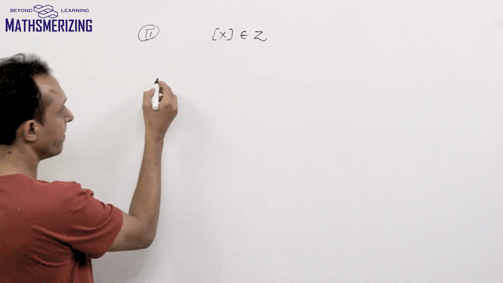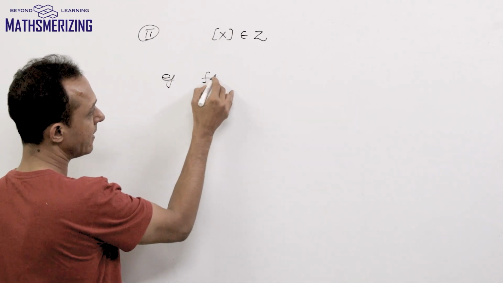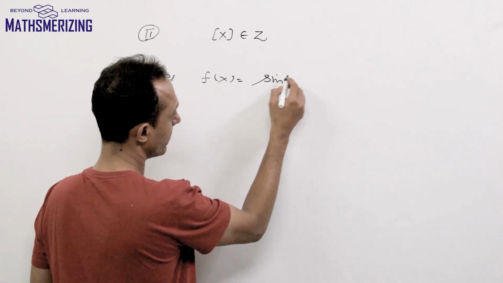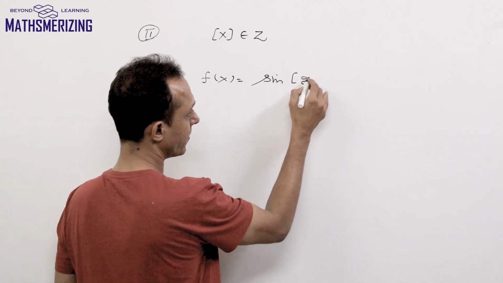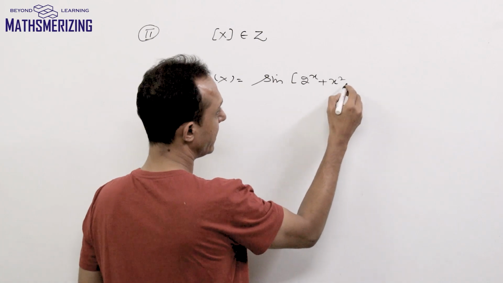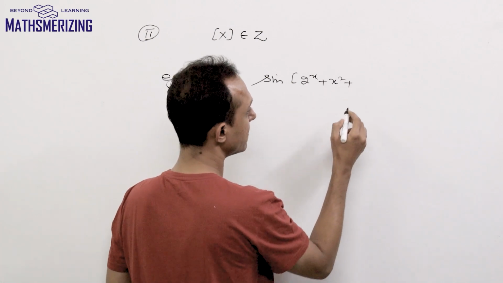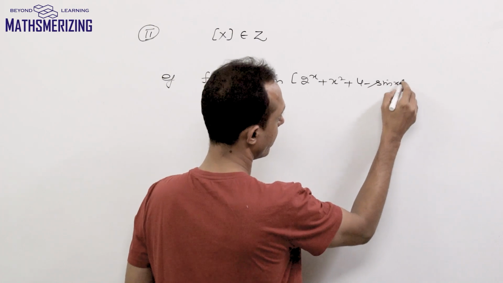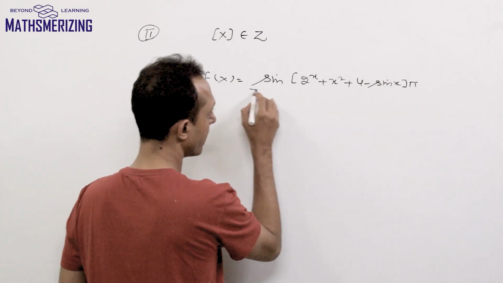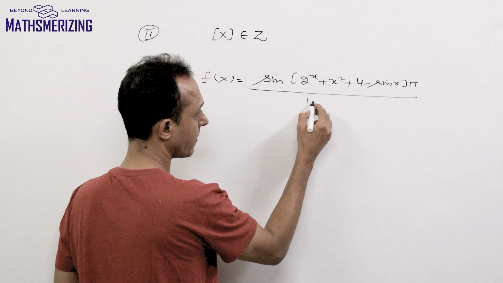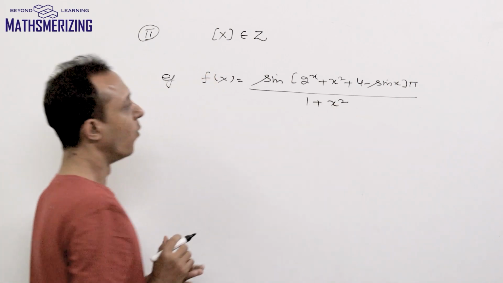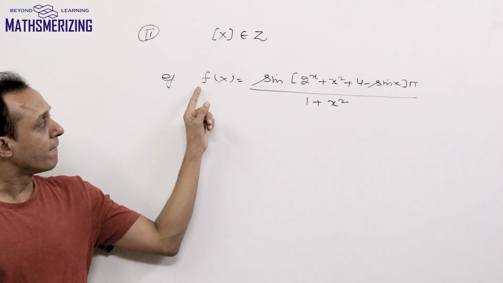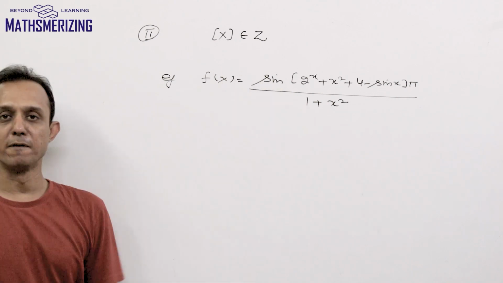Say for example, suppose we have a question where it says, suppose function f(x) is sine of greatest integral function of 2 to the power x plus x square plus 4 minus sine x, into pi upon 1 plus x square. Now it says that you have to find the range of this function.